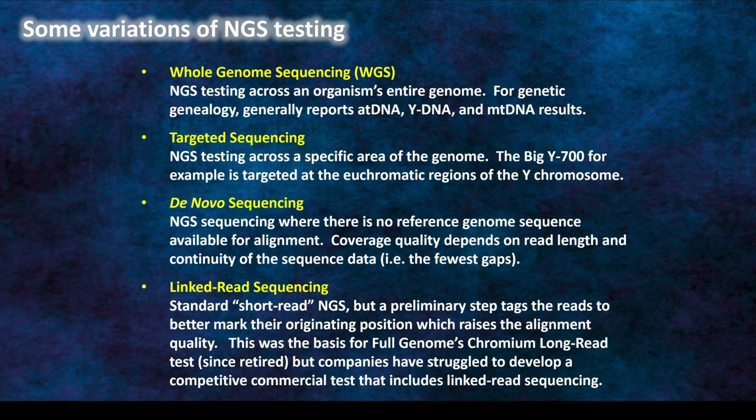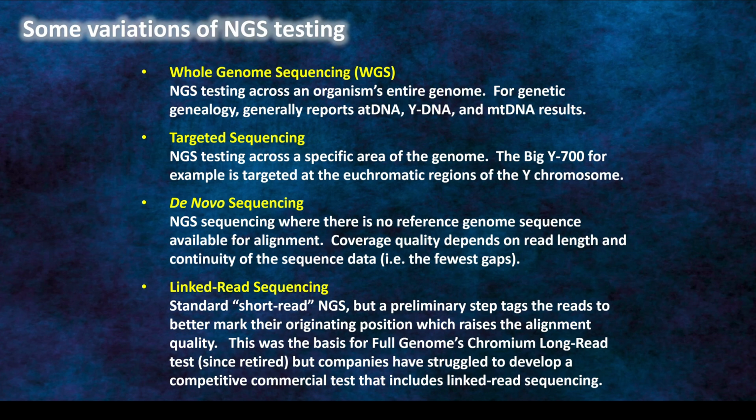But if you do de novo sequencing, that's essentially next generation sequencing where you're piecing back the genome based on the puzzle pieces without the box top, if you will. The coverage quality depends on the read length, again, how much of the fragments you're actually trying to read at one time. Longer is better because you can more easily build the actual puzzle back together with fewer pieces. But also it depends on the continuity of the sequence. The fewest gaps will make that easier. So it's hard to do in places like the Y chromosome where you have large gaps.